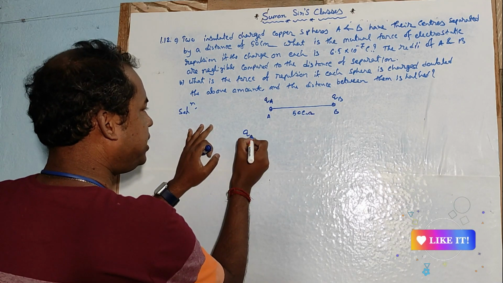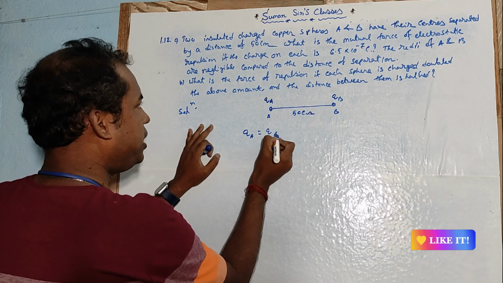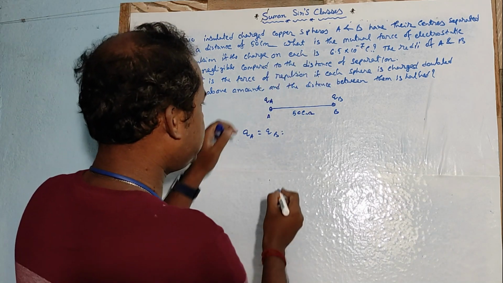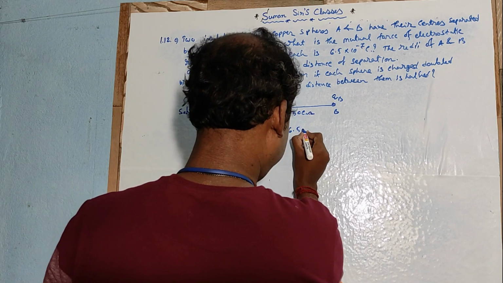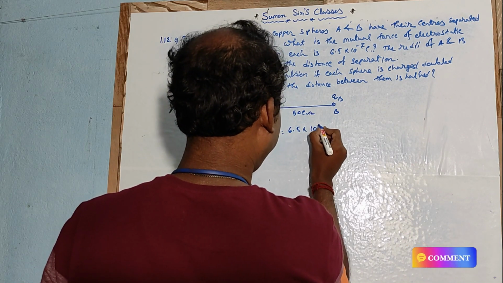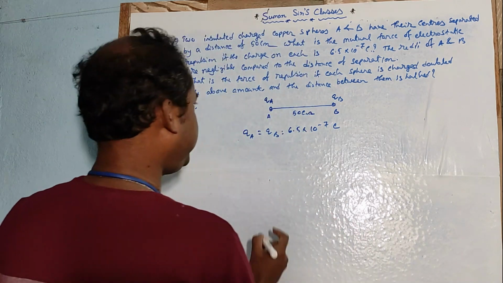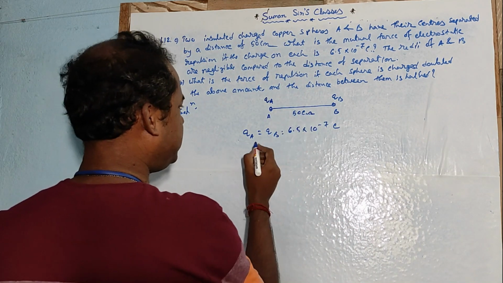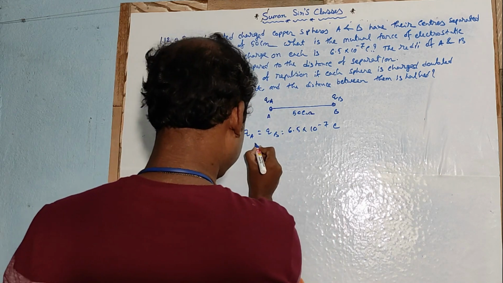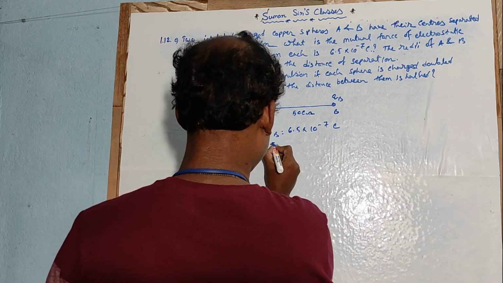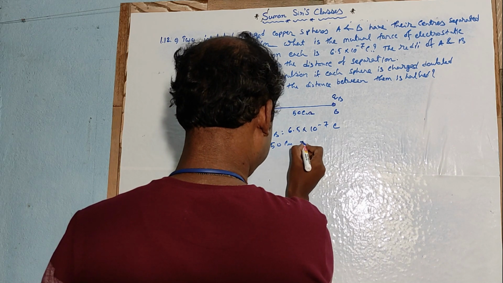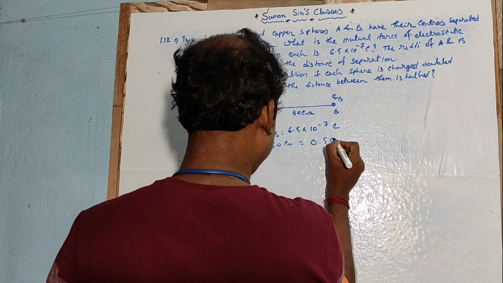According to the question, QA equals QB, which is 6.5 × 10^-7 coulomb. The distance between them we consider as R, so R equals 50 centimeters, that is 0.50 meter.